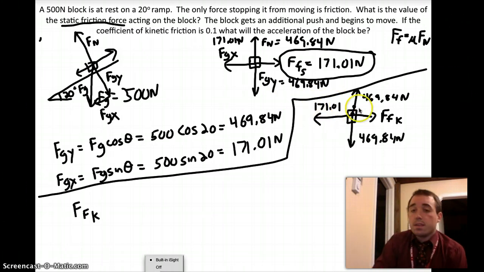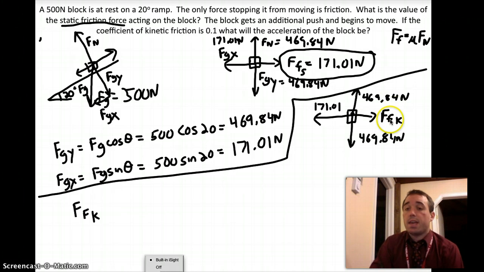So to figure out what the difference is between left and right forces, we've got to figure out what FFK is. And FFK can be found using this equation. Force of kinetic friction equals the coefficient of kinetic friction times the normal force. We know our kinetic friction coefficient is 0.1.